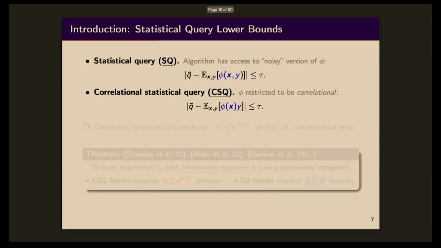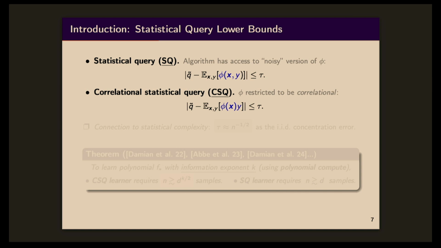Okay, and so this naturally brings us to this class of statistical query algorithms, SQ models. For the SQ model, we try to learn the function, this f star, using queries in the form of some nonlinear function phi applied to x and y. X is my data, y is the labels.